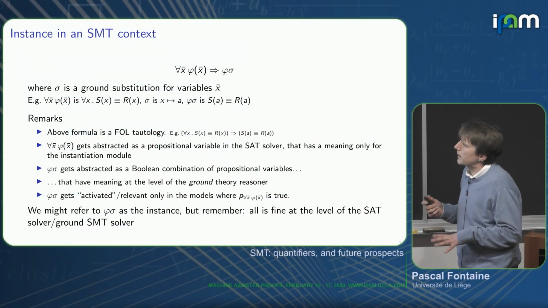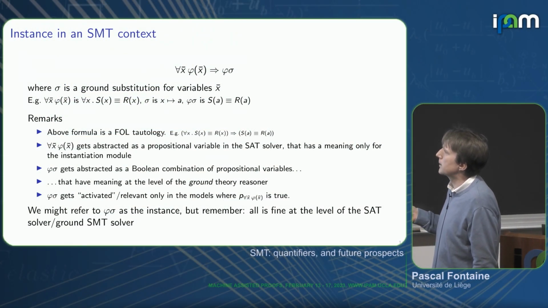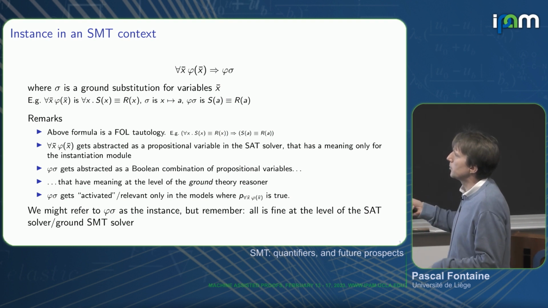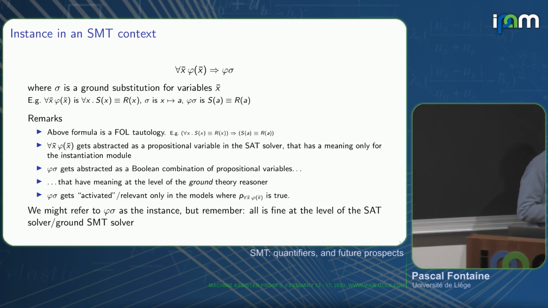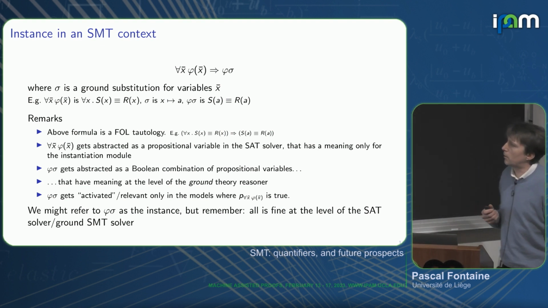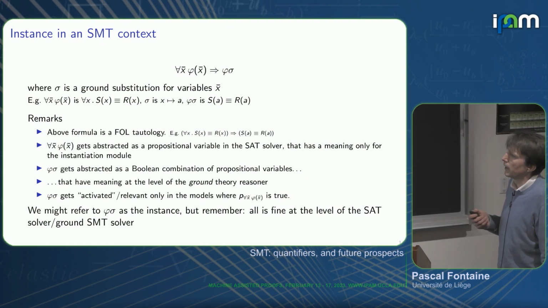So in my context, an instance is basically a formula like this: for x, phi of x implies phi of sigma applied to x. I give some value to all the variables that I have in my formulas.